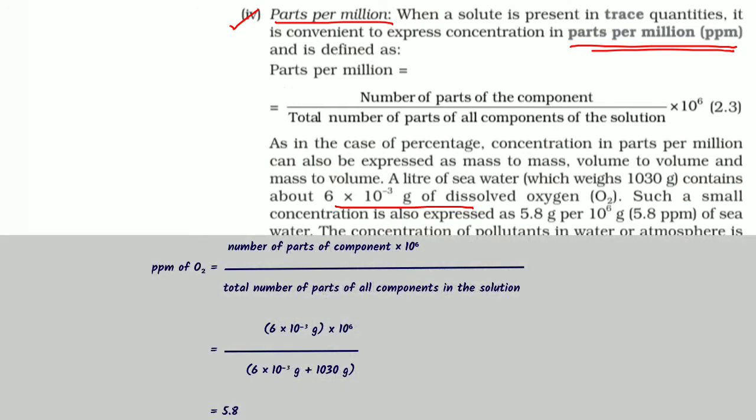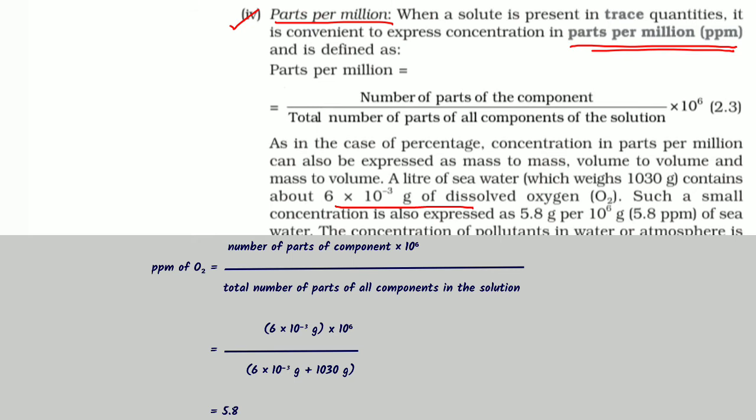For that, we first note that the amounts of oxygen and water are both in gram, that means mass by mass, so we can use the mass to mass way. Here we divide 6 into 10 to the minus 3 gram by the total mass of the water plus the solute, that is 10 to the power 3 gram plus 6 into 10 to the minus 3 gram.